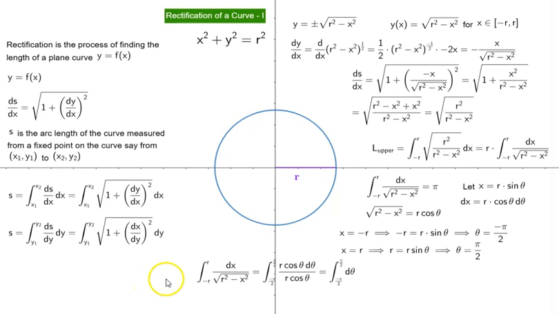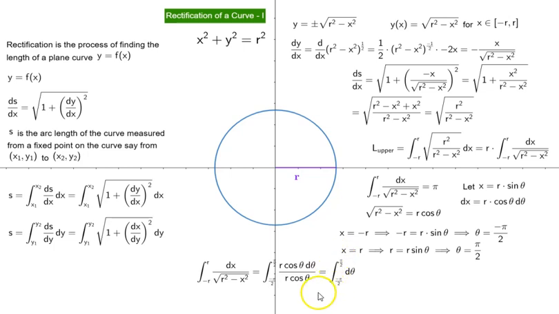So now our integral becomes integral from minus pi by 2 to pi by 2 of r cos theta d theta divided by r cos theta. R cos theta gets cancelled in both numerator and denominator.